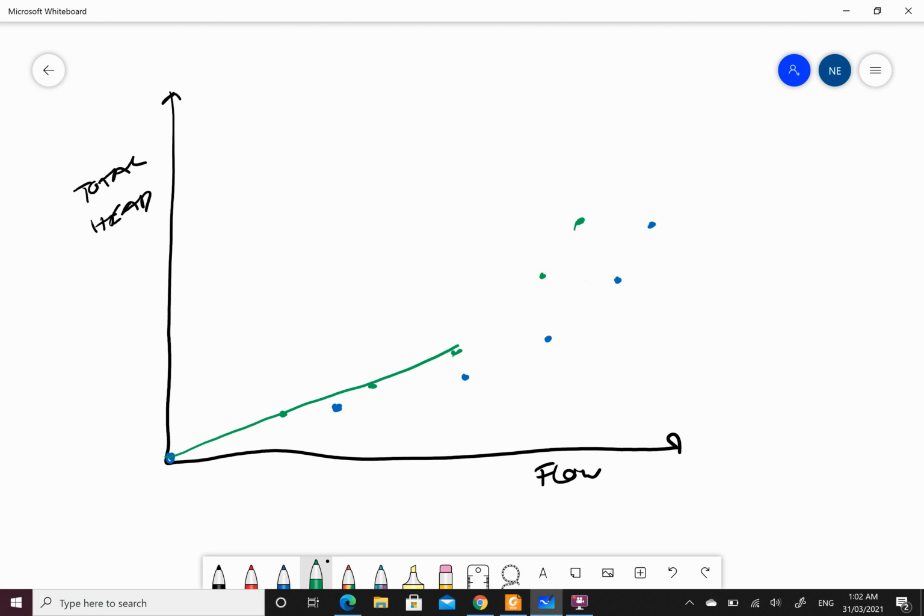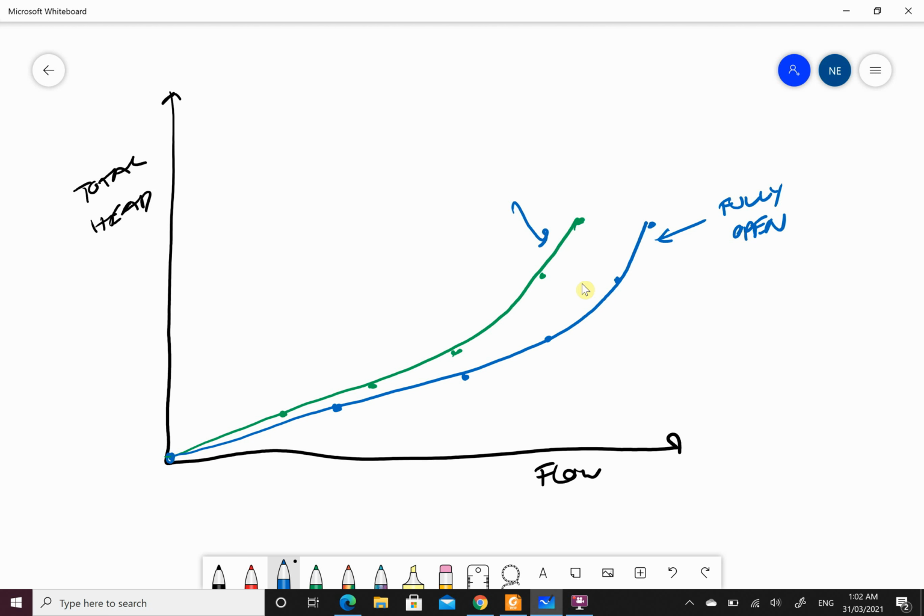Basically, we're going to end up with two plots side by side, looking something similar to that. What will happen is this here will be fully open. This one here will have 3 closed.